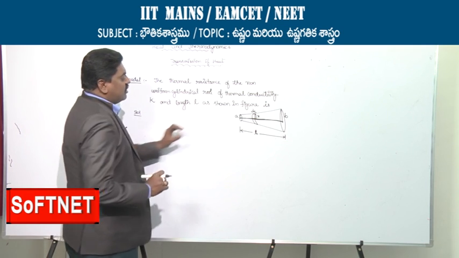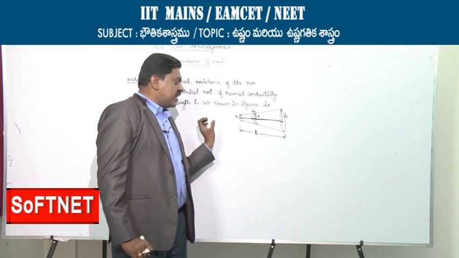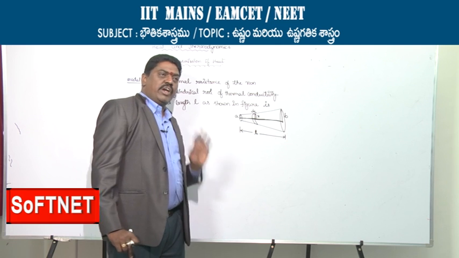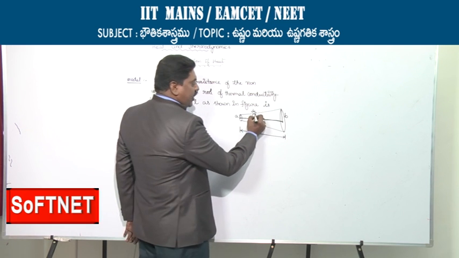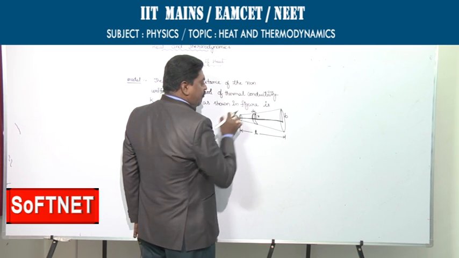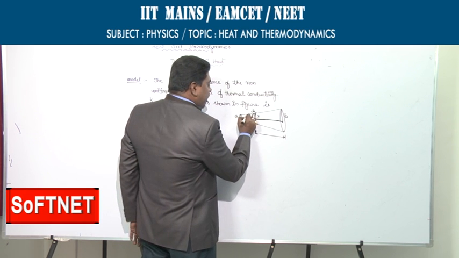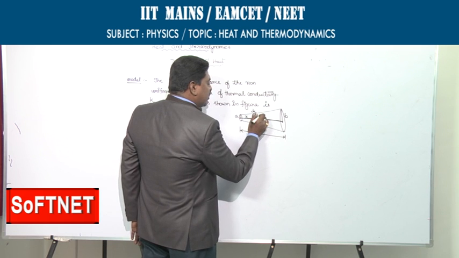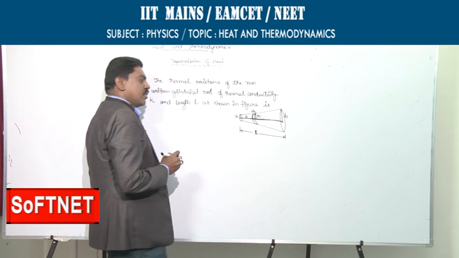Now in this case we consider the change in radius per unit length. For this purpose we consider a small circular portion of width dx at a distance x whose radius is r.